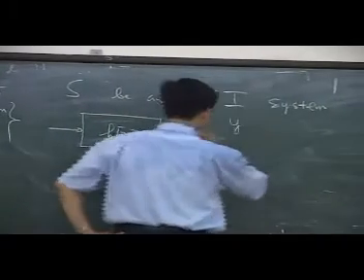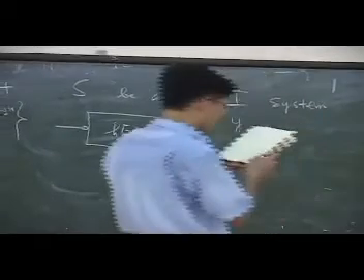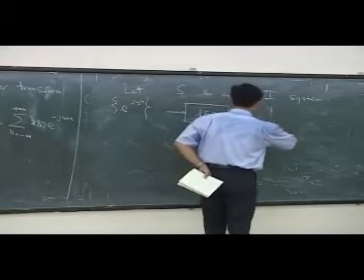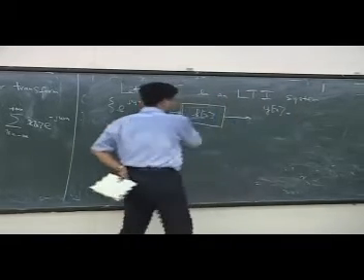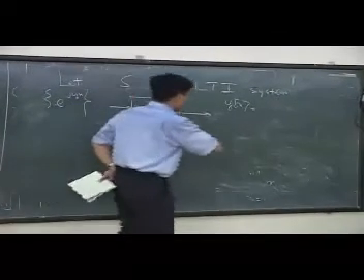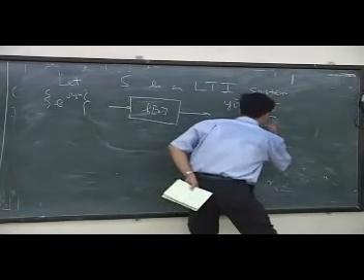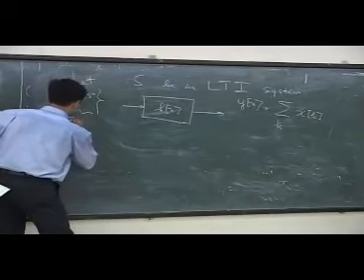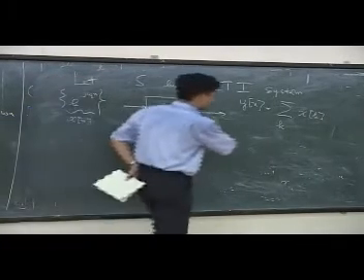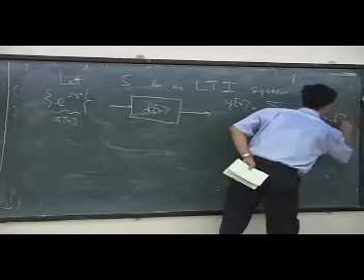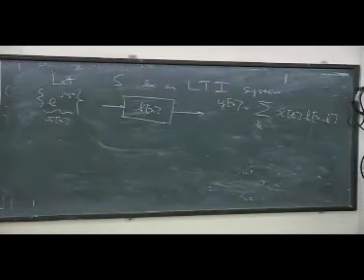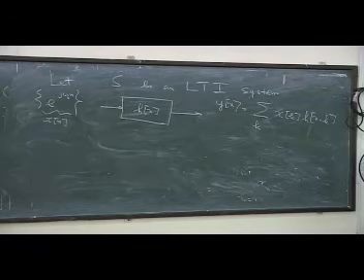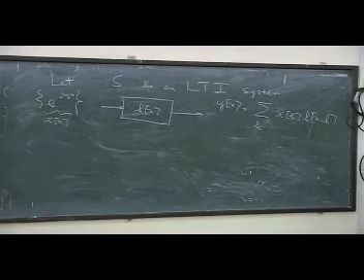So the output y of that particular system, I can write it simply by taking the convolution: summation in k of x[k] h[n minus k], where x[n] equals this signal.